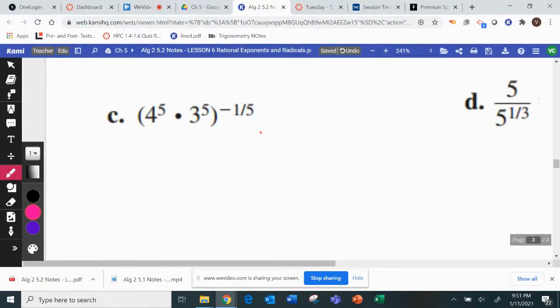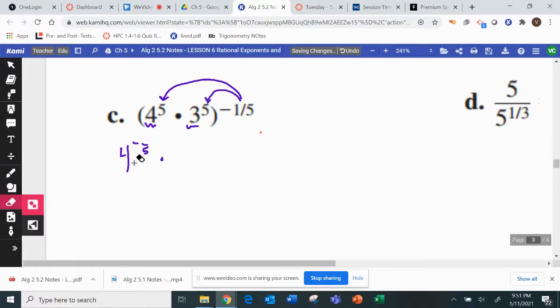All right, next example. These are not like bases. So I'm going to just go to this power and distribute it by multiplying the exponents. I get 4 to the negative 1/5 multiplied, oops, I didn't multiply.